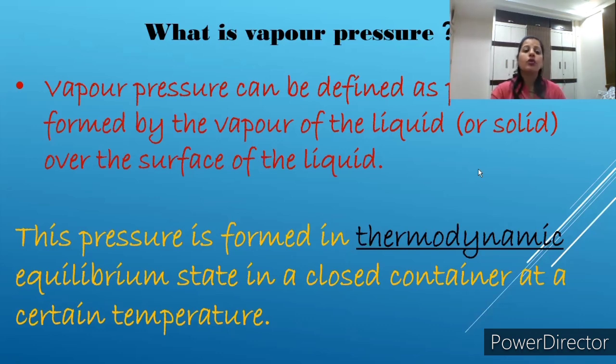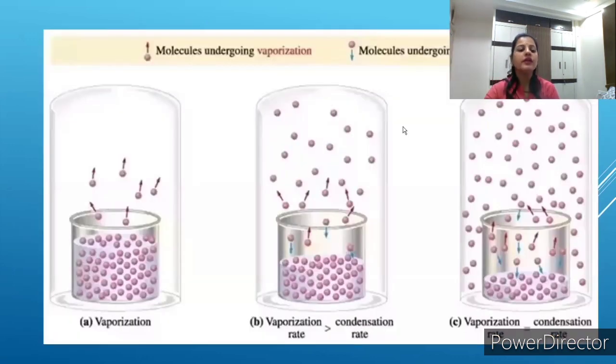Let us understand both of these definitions. First, the vapor pressure is the pressure formed by the vapors of the liquid or the solid over the surface of the liquid. This can be explained in a very beautiful manner from this diagram. In this diagram, you can see that I am taking water in a container.